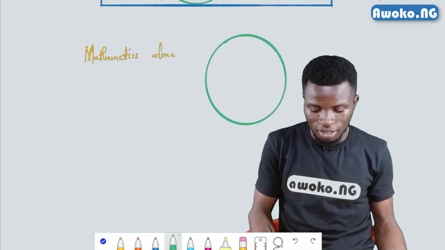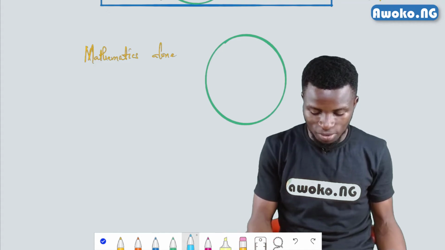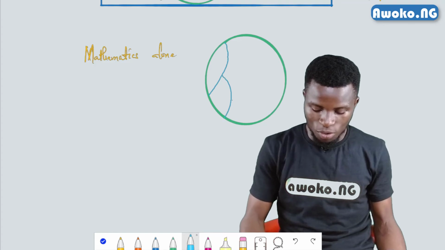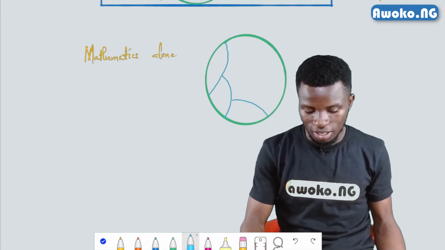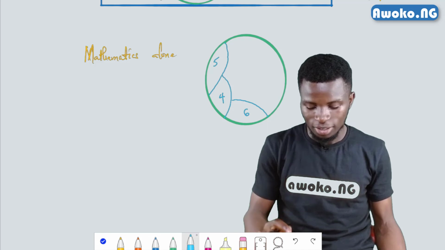So since we have this, we know that this partition over here, we have this partition, we have this partition, we also have this partition. And of course, this partition is 5, this is 4, and this is 6.